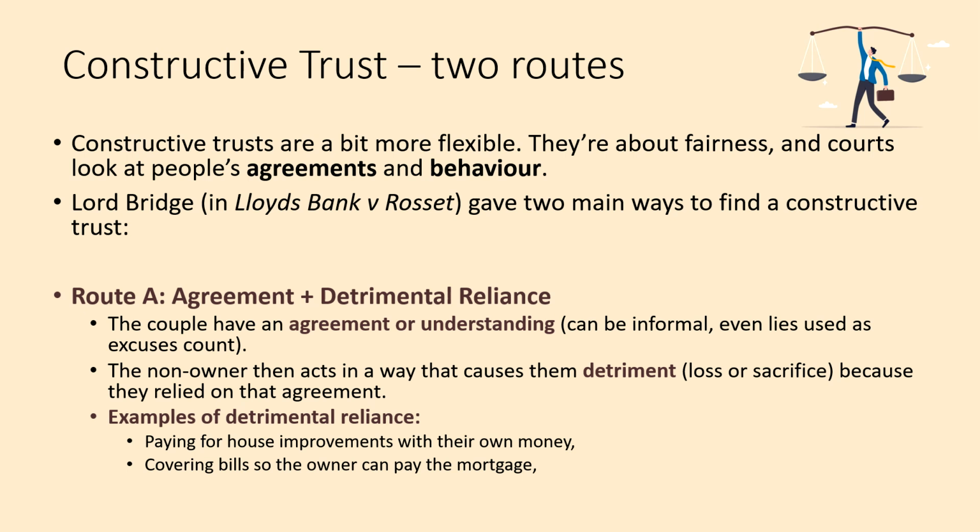Or for example, if you cover all the bills, so your partner can pay the mortgage, you just divide it that way. One person covers the bills and household and everything, and the other person covers the mortgage. That might make sense. It's a bit easier to agree on and to decide who pays what.